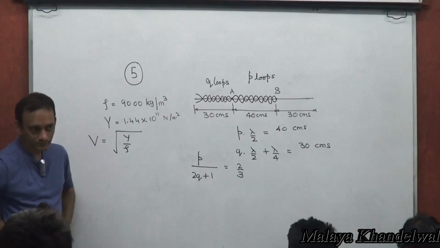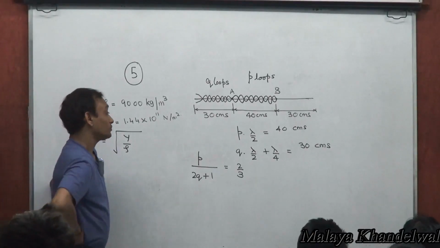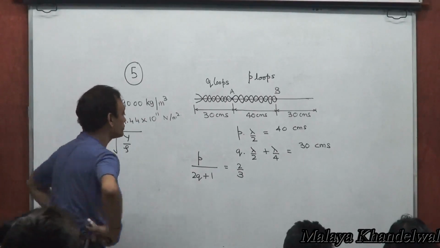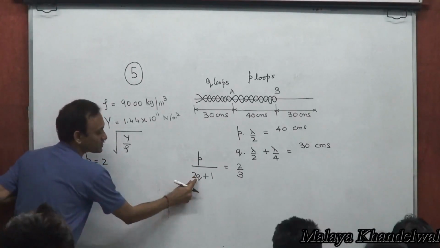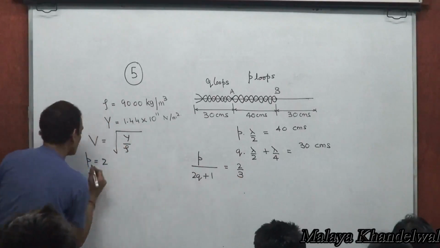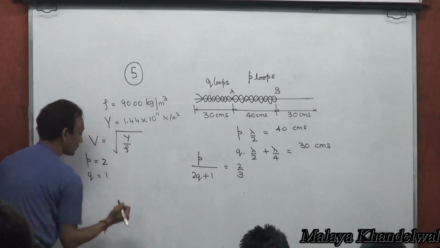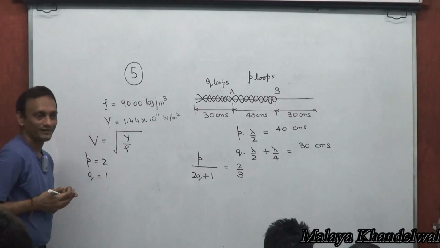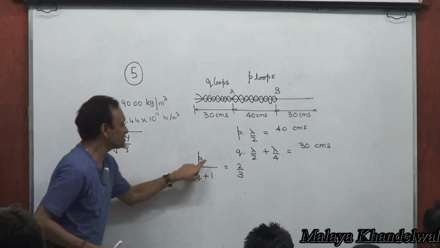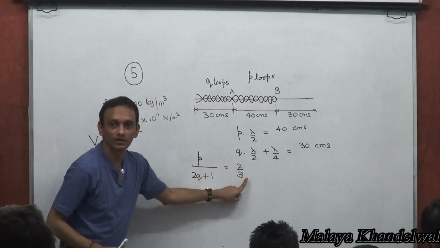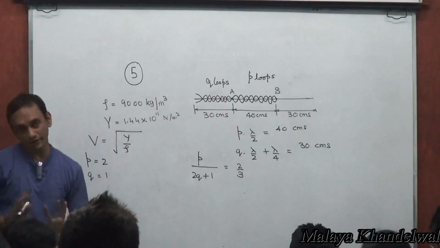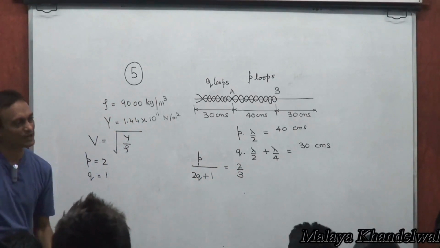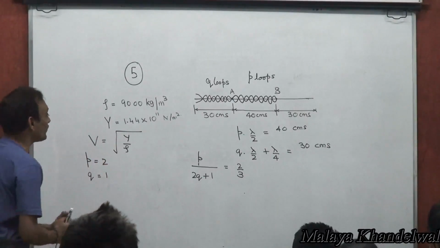Can you see that? Now, the smallest P and the smallest Q. Very clearly, the smallest P must be 2, and 2Q plus 1 must be 3, so Q must be 1. This is equal to 2 and this is equal to 3. So that will give me P equal to 2 and Q equal to 1. Therefore, this would be the fundamental mode of vibration.